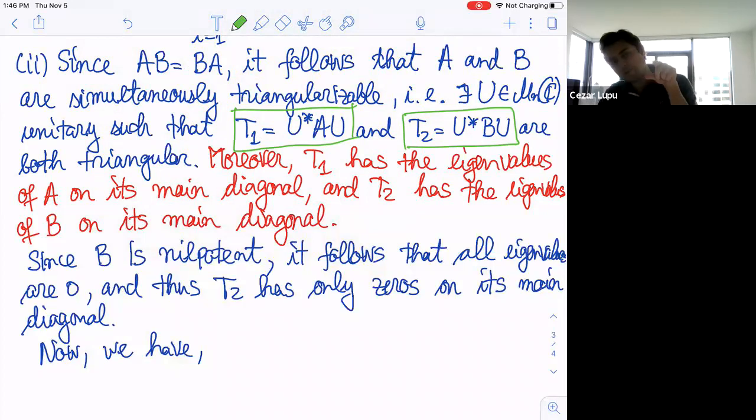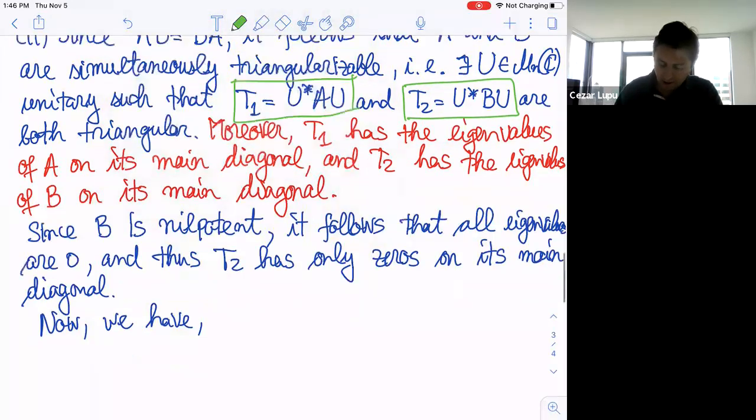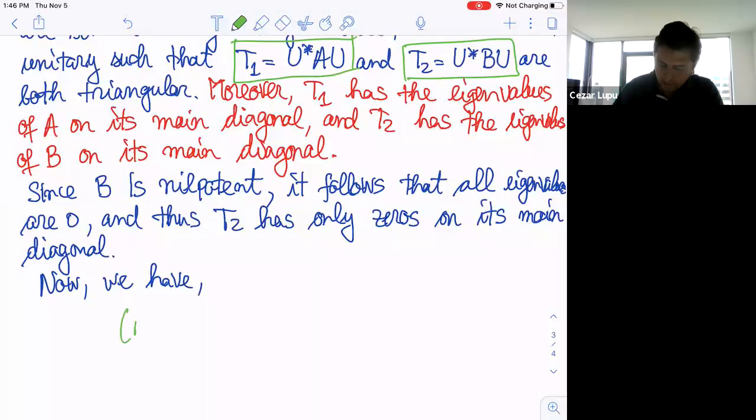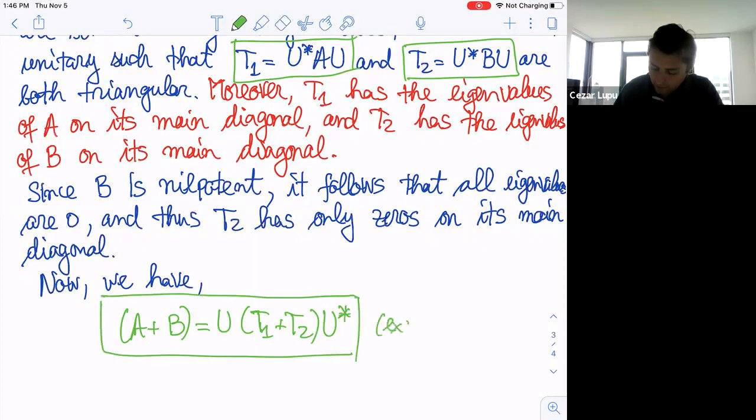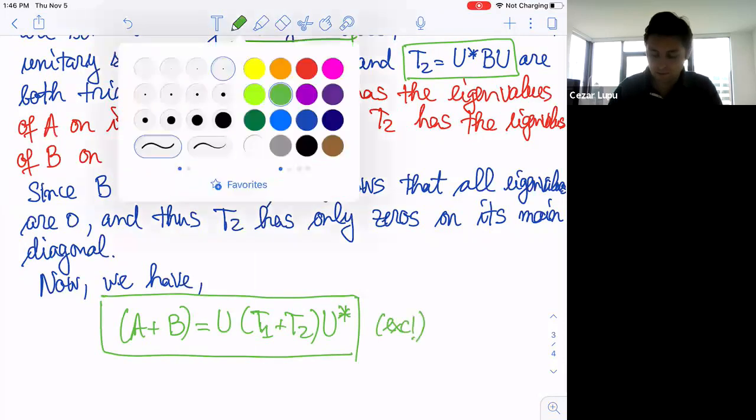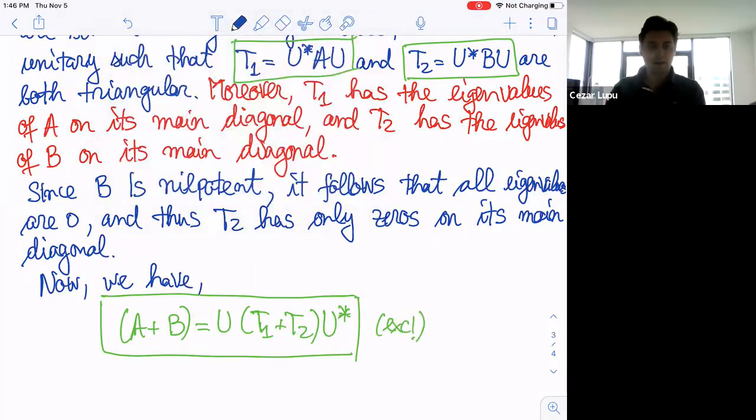Now you multiply by U star on the right. So in fact, A plus B is the same as U, and you can factor here, T1 plus T2 times U star. So we have this relation as well. I'll leave it to you as an exercise to figure this one out. Just multiply on the left or the right by U star.